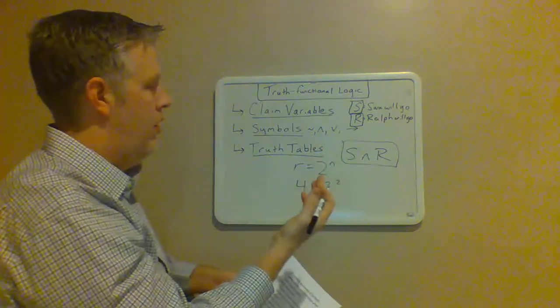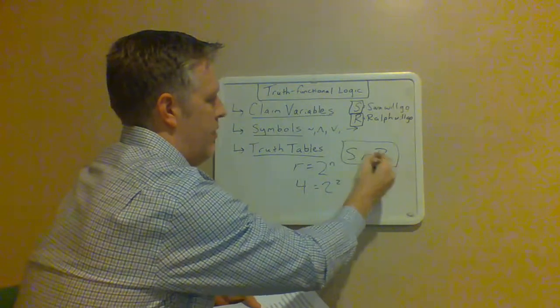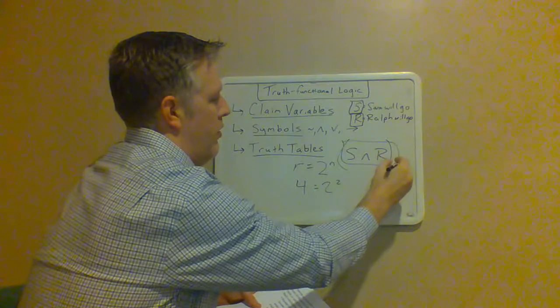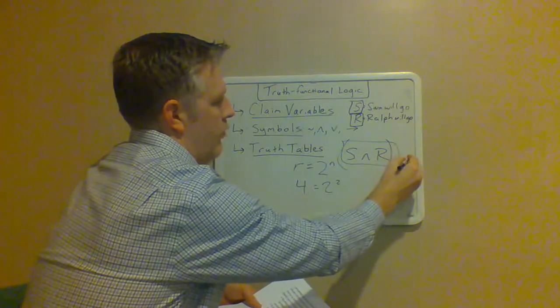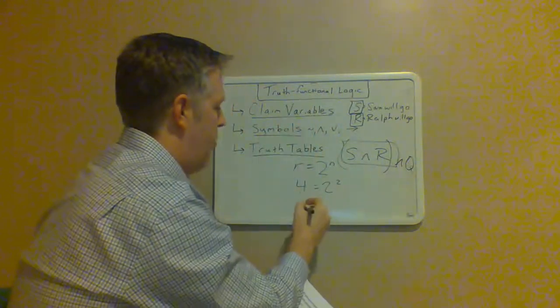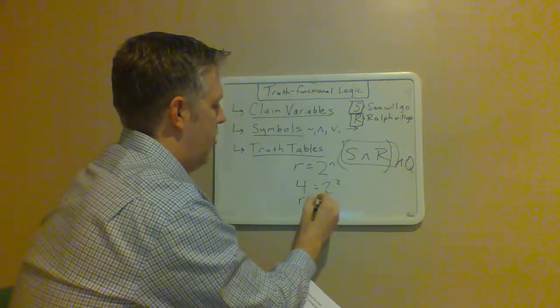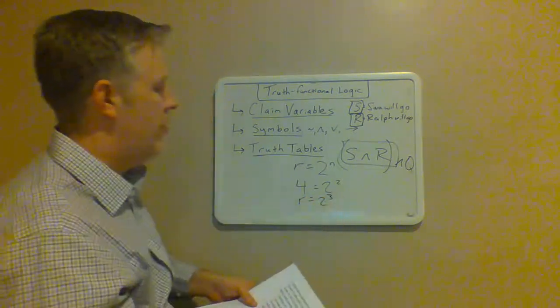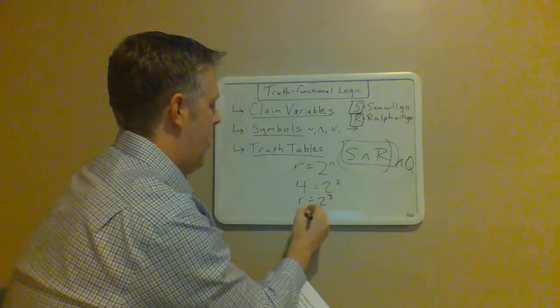2, which is 4. But let's say we threw in a third one, and we said Sarah and Ralph will go, but Quincy won't, or something like that. Quincy's involved somehow, so we threw in a third one. Well, this time the number of rows would be 2 cubed, so 2 times 2 times 2, which happens to be 8.